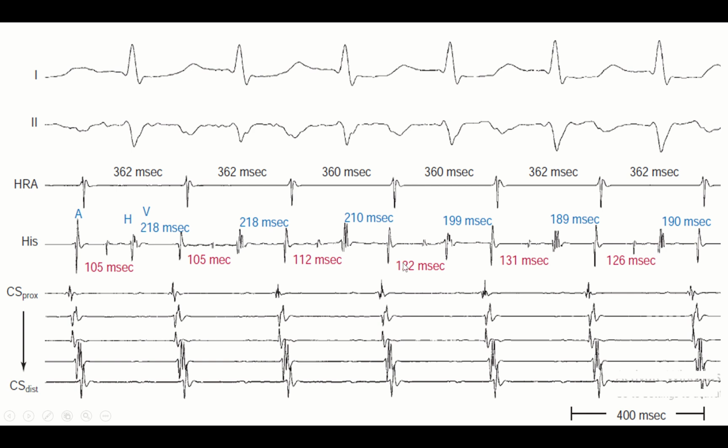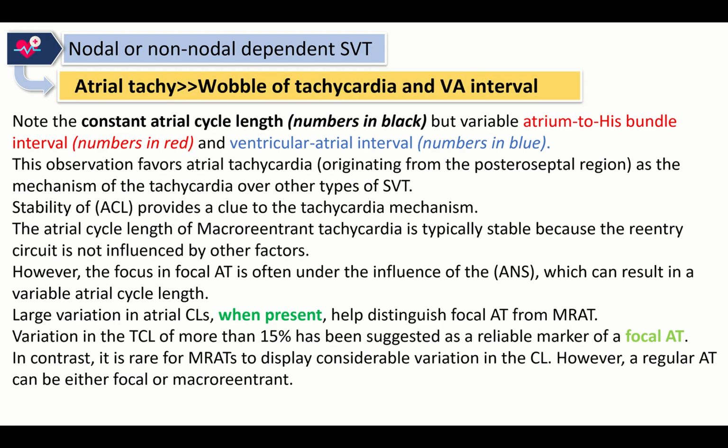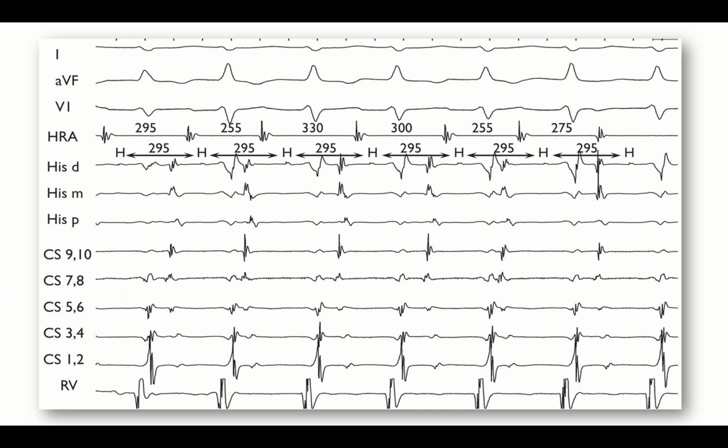So what does it mean? Fixed atrial cycle length means we are dealing with a fixed atrial focus. It's atrial tachycardia. On the other side, we can appreciate a wobble in tachycardia cycle length, but the HH intervals are fixed at 295 and the remaining AH, HV, VA, everything is changing.